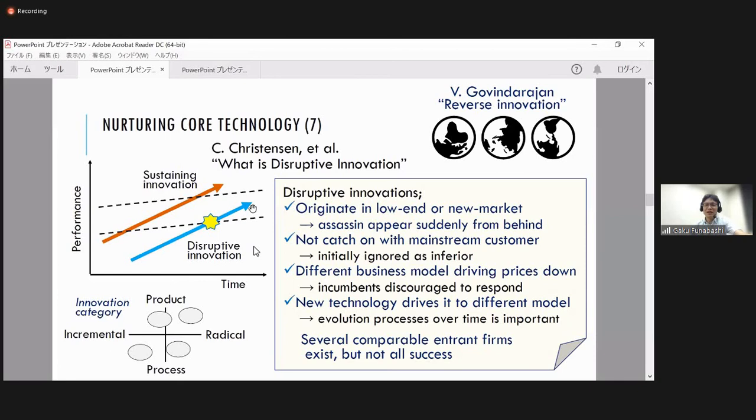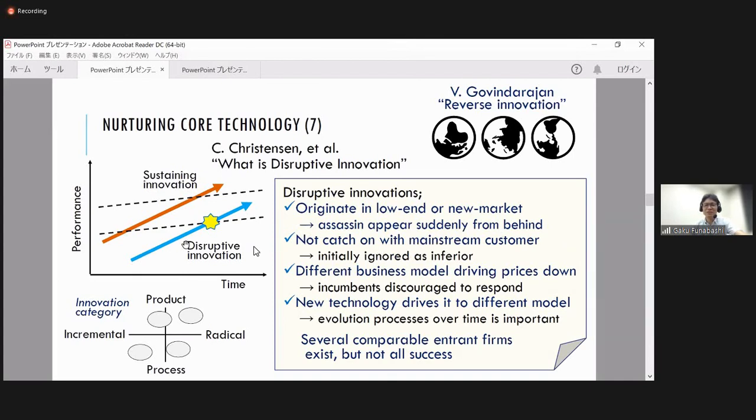And why did they consider it had nothing to do with their customers? Because usually disruptive innovations originate in a low-end or new market. Low-end market means targeting customers who pay only low cost, looking for only cheap services and cheap products. That means low-end market, and not catching on with mainstream customers.